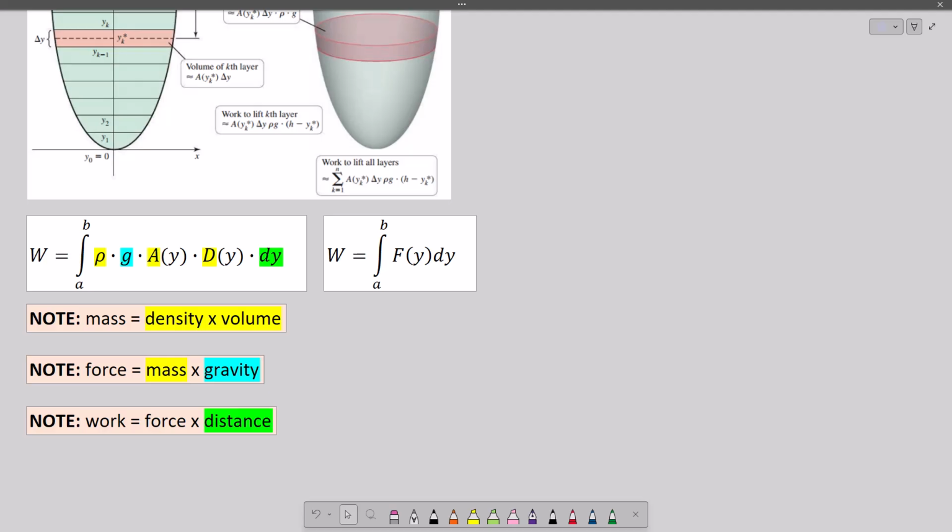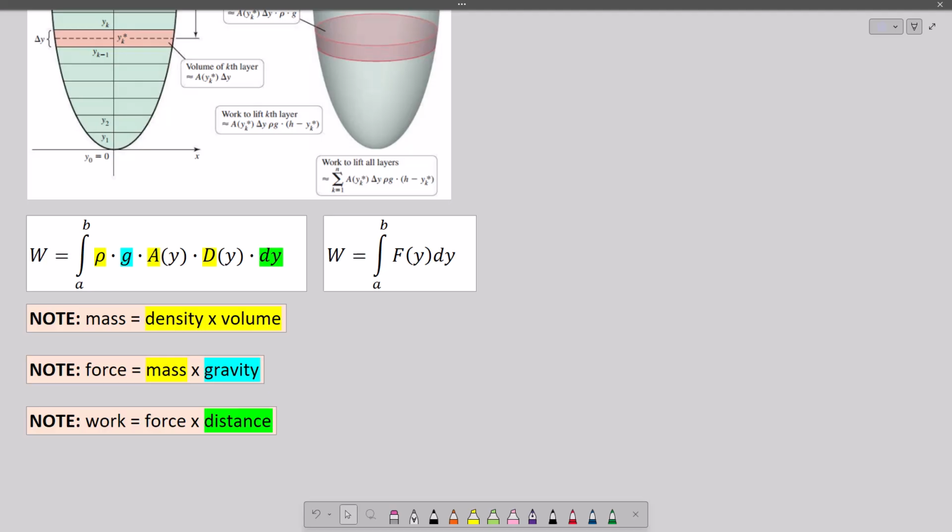Here's how we're going to think about it. Mass is density times volume. So there's density. Volume is given by area multiplied by distance. Now, one thing that is six of one, half a dozen of another is right here. Both the dy and the distance traveled by a cross-section are both measured in units of length.